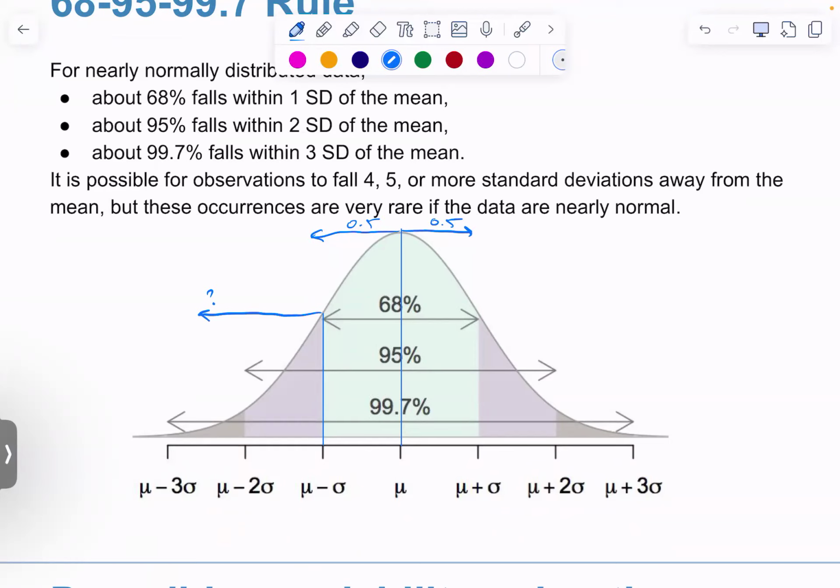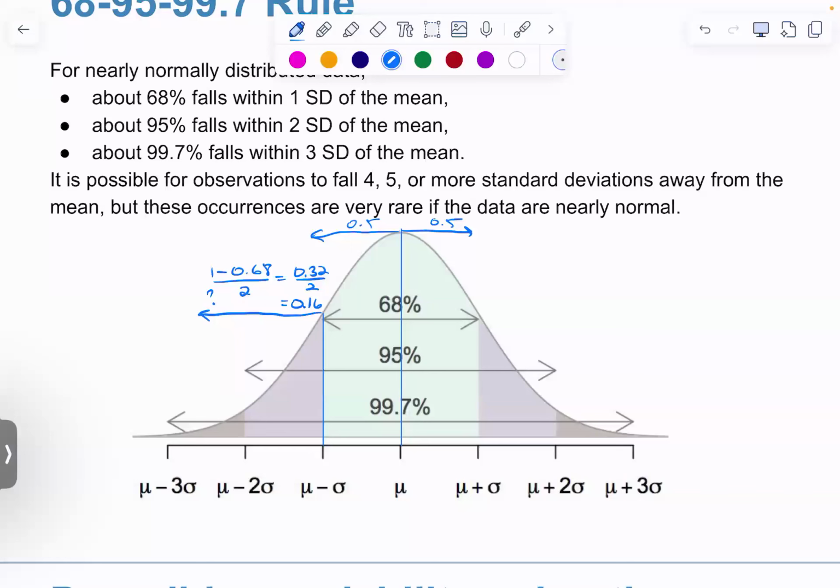Well, I've got 68 in the middle, a total area of 1, and it's symmetric, right? Lots of ways I could solve it, but my go-to would be 1 minus 0.68, which is 0.32, divided by 2, which is 0.16.